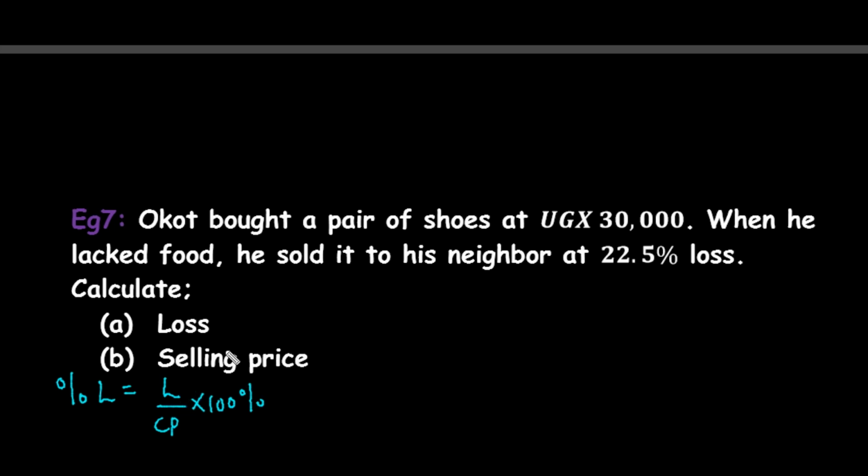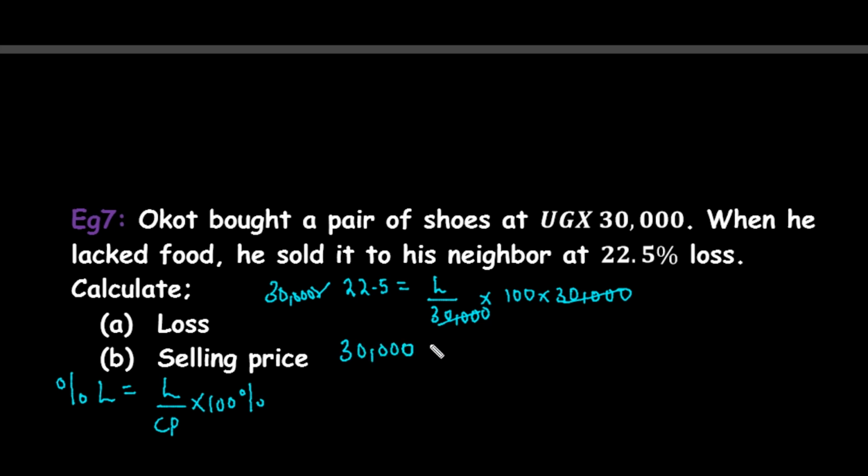The loss. Therefore, we are going to say 22.5 is equal to loss out of the cost price, which is 30,000 times 100. We are going to multiply both sides by 30,000. This one will cancel with that, and we shall have 30,000 times 22.5 is equal to 100 times the loss.